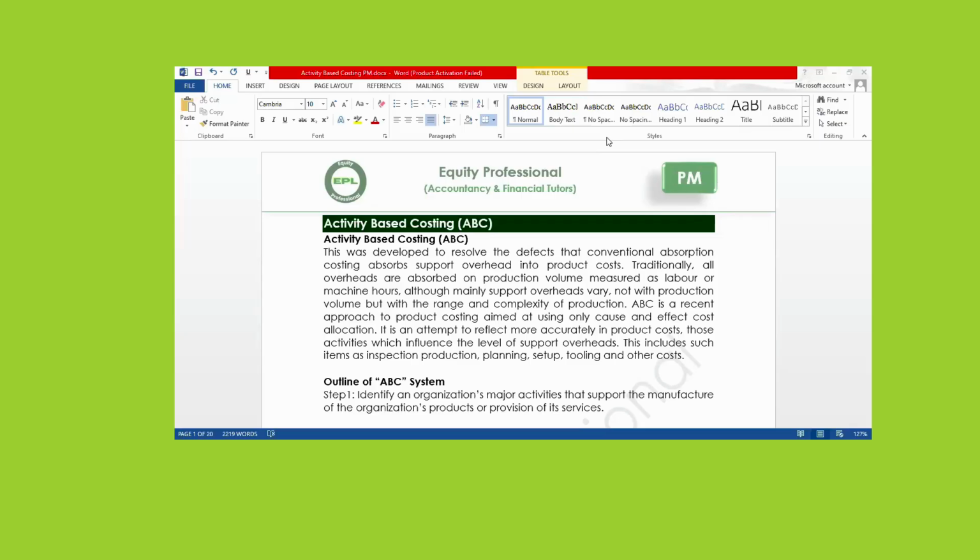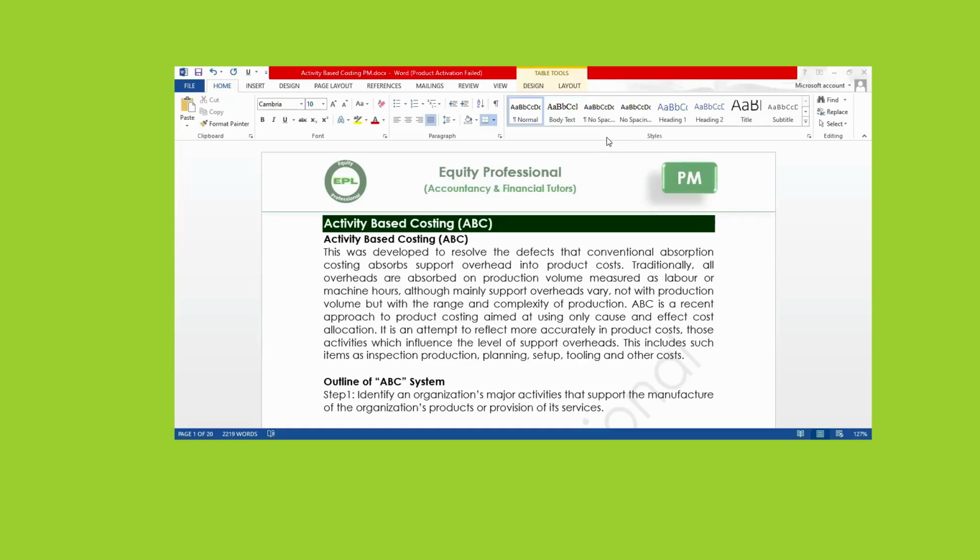This costing system, the traditional costing system, may not be sufficient to address the concerns of the modern manufacturing environment.